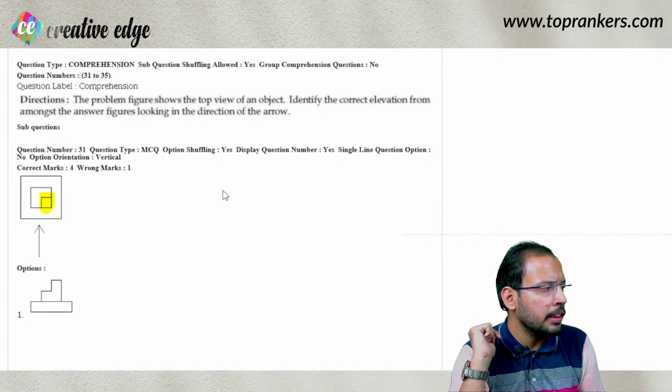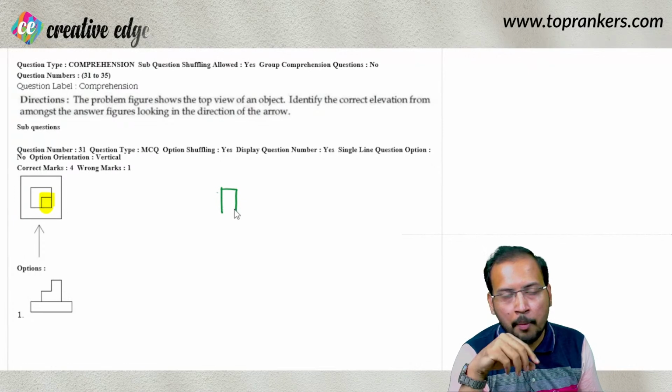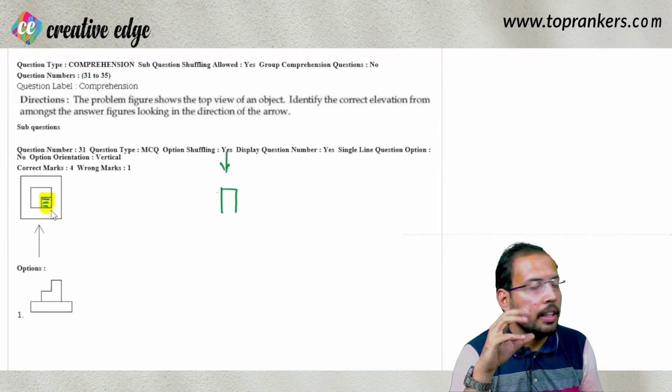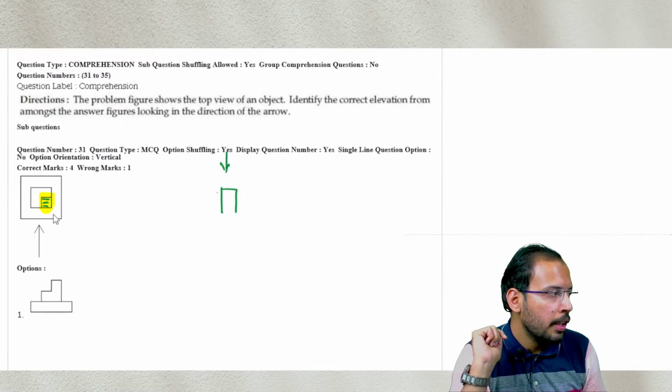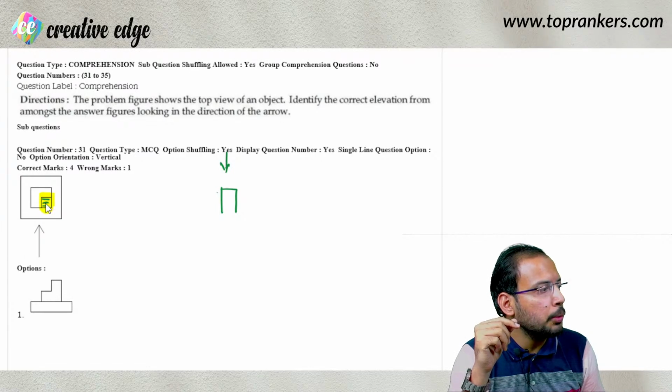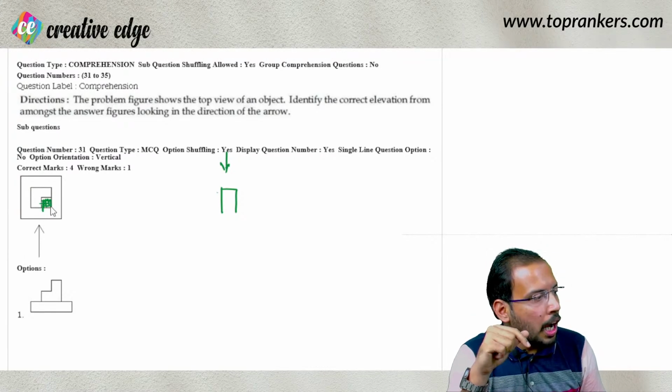Let me imagine that this is one of the structures. Now if I see from the top view, I will be getting this small square. Now outside of this small square there is this big square. So obviously this small square is exactly touching these two edges.